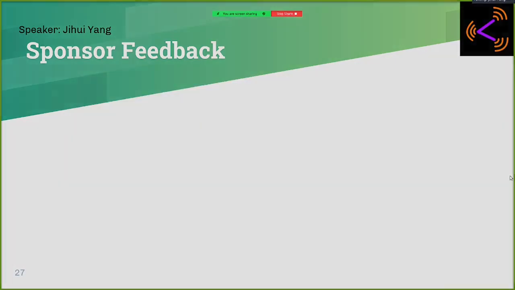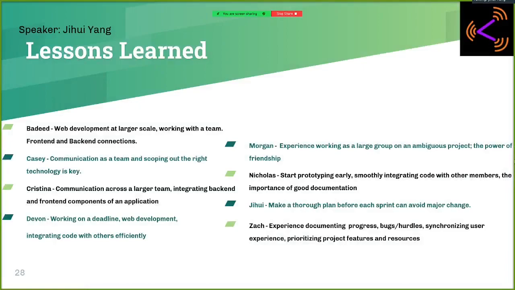Thank you, Dave. Now I will go over some of the lessons each person learned while working on this project. The lessons learned are about web development at larger scale, working with a team, and front-end and back-end connections. Casey's lessons learned are about communication as a team, and scoping out the right technology is key.